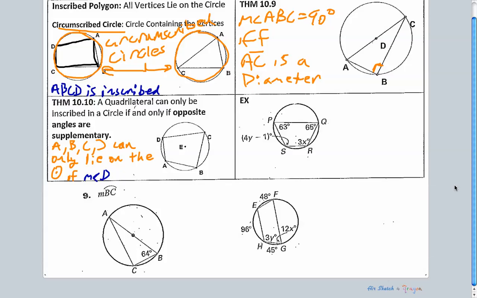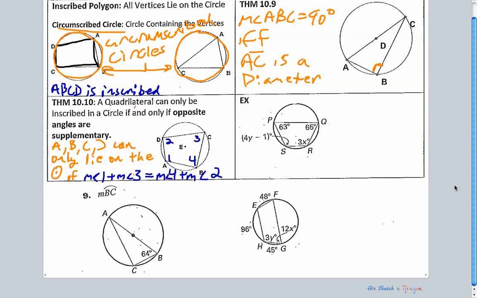DAB, you know what? Let's forget that. Let's label these angles 1, 2, 3, and 4. That's going to be easier. If the measure of angle 1 plus the measure of angle 4 equals the measure of angle 2 plus the measure of angle 3, and one mistake, sorry guys, this should be the measure of angle 3.